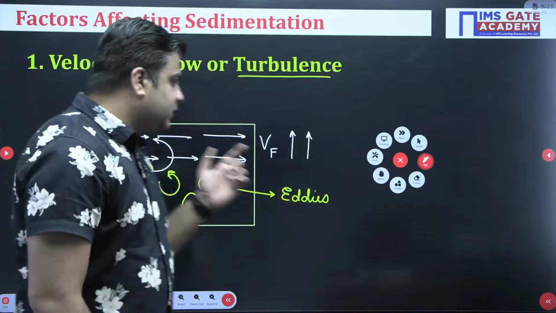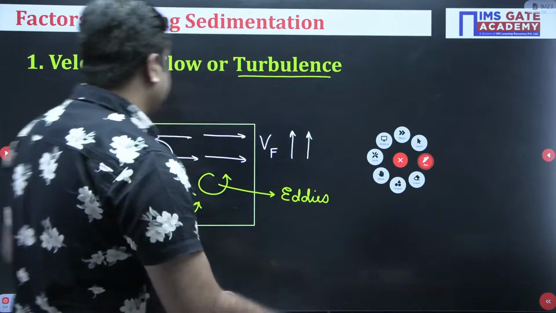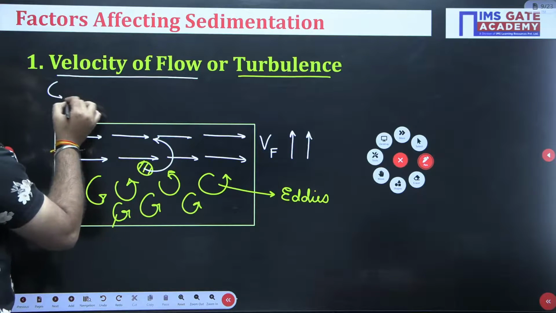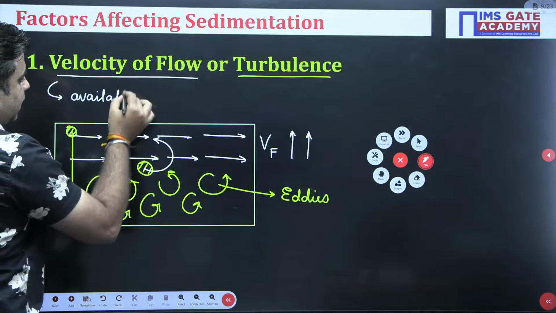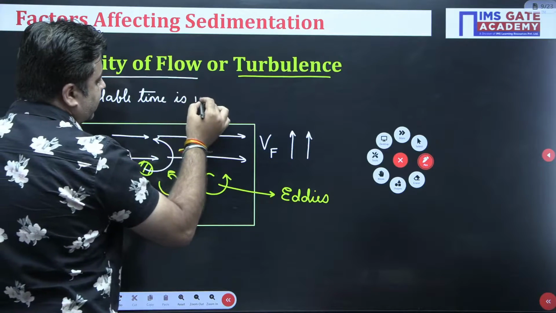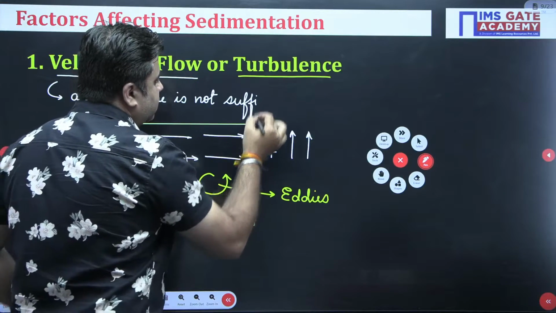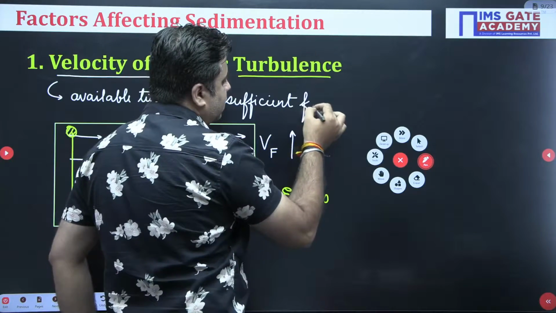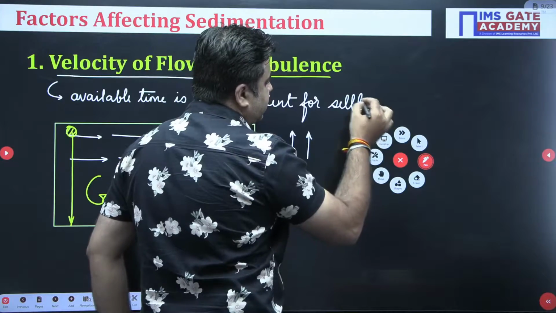Similarly, in these tanks, if there is high velocity, there are two separate reasons. If velocity is high, then the available time is not sufficient for settling.